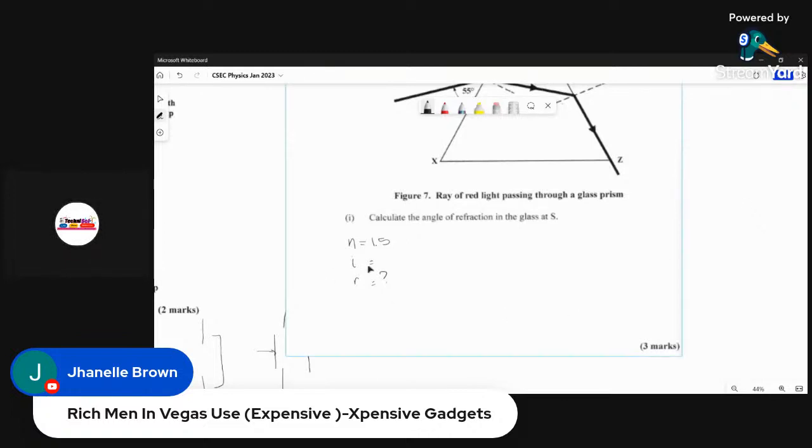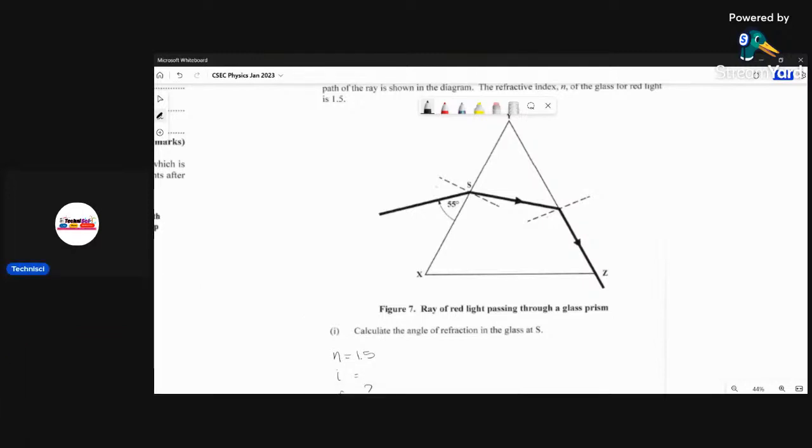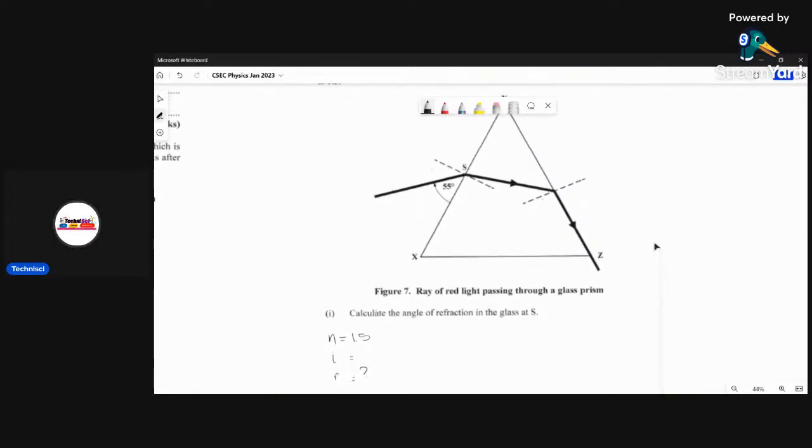What is the angle of incidence? Look at the diagram, tell me the angle of incidence. So we're working at point S. All right, I'm seeing your response, Janelle.